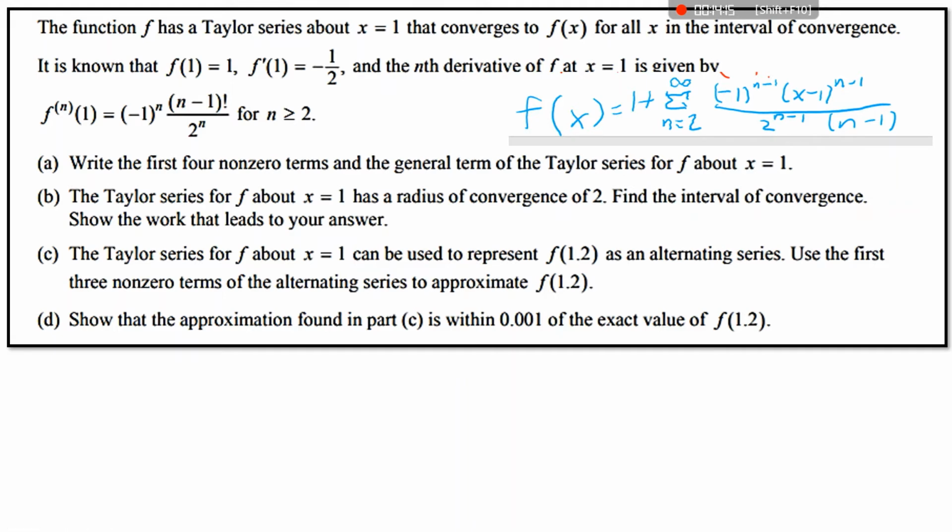Oh, so we do n plus 1 and then divide by the original function. Okay, right now our Taylor series is centered at 1. Oh, so it's x minus 1 and then absolute value is less than 2, right?